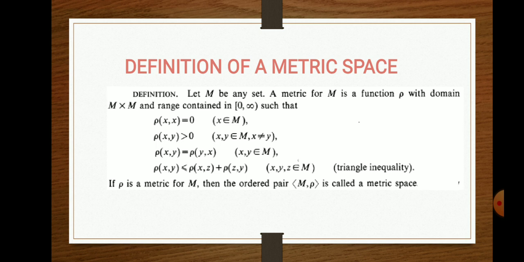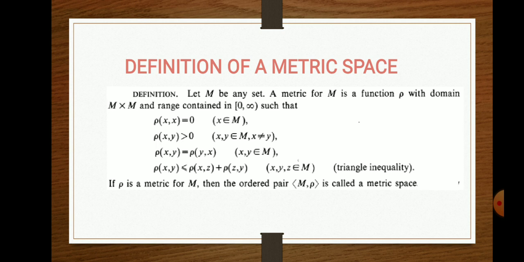And for the distinct points x and y, you are standing at one position, and you measure the distance from you to another person, then the distance is always strictly greater than 0. And the distance between the first object and the second object, and the distance between the second object and the first object is also the same.